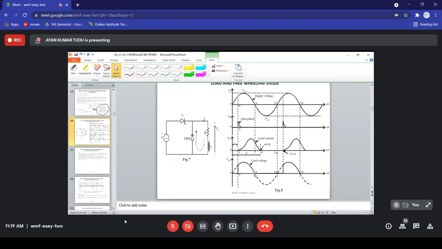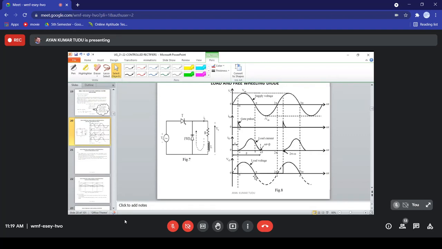Okay. And because of it, what will happen? Since there is no negative region in the load voltage, one can understand that with the presence of this freewheeling diode, the average output voltage will improve for a single phase half wave control rectifier with RL load and freewheeling diode.